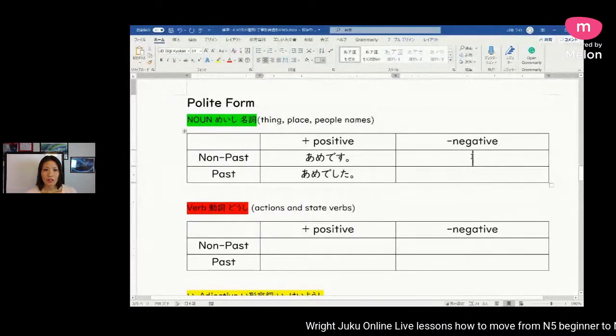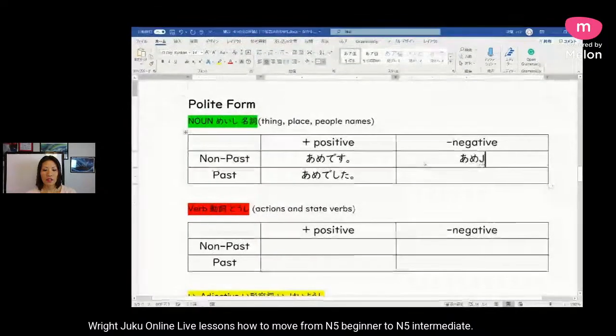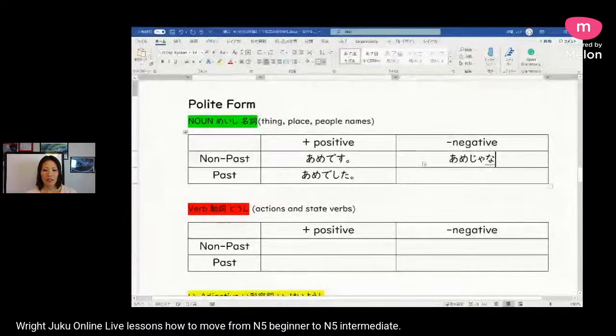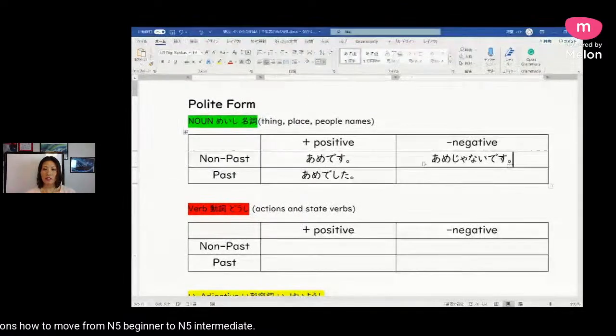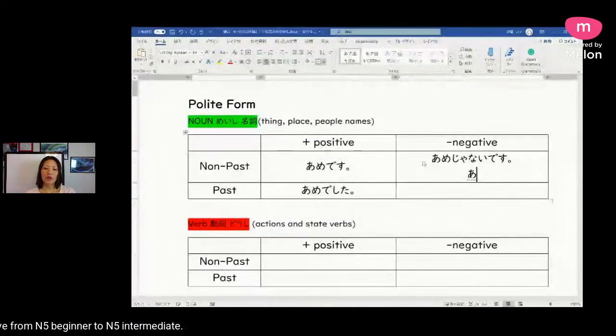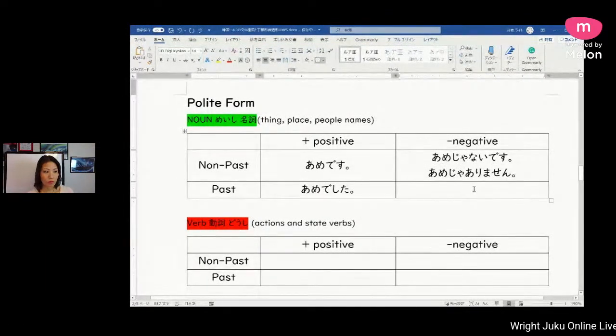So what is the non-past negative? Ame ja nai desu. Or you can say ame ja arimasen. That's for Minna no Nihongo.